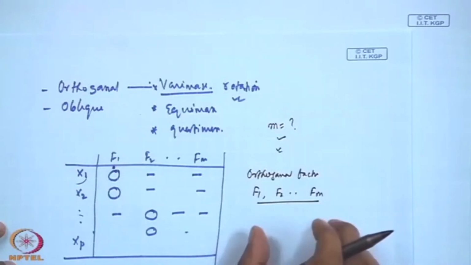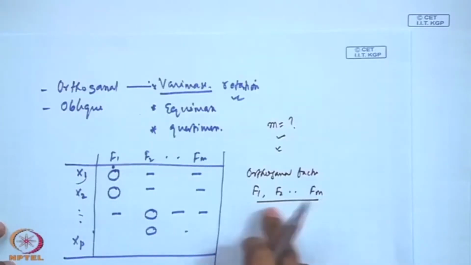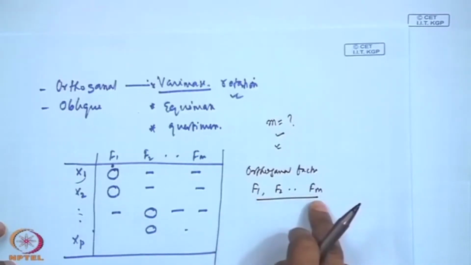In that case, what is required? You require to know the values of all those variables. So, if you want to know the values of the factors obtained, for every observation related to x, these are known as factor scores.